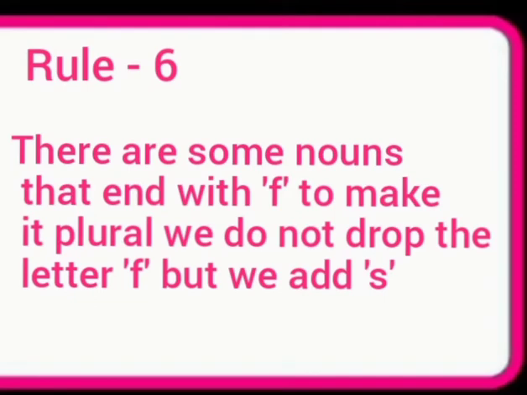Children, Rule 6 is an exception to Rule 5. There are some nouns that end with F. To make them plural, we do not drop the letter F, but we add S. Example, chef.